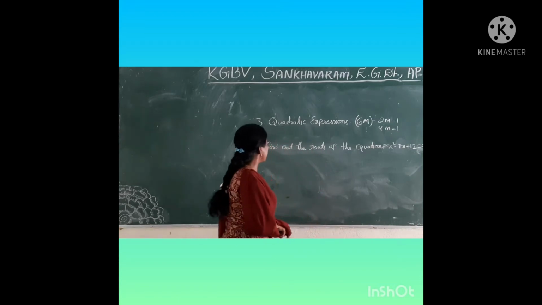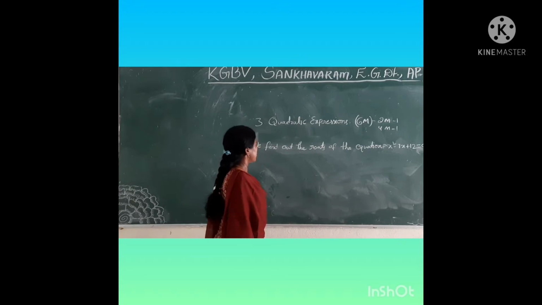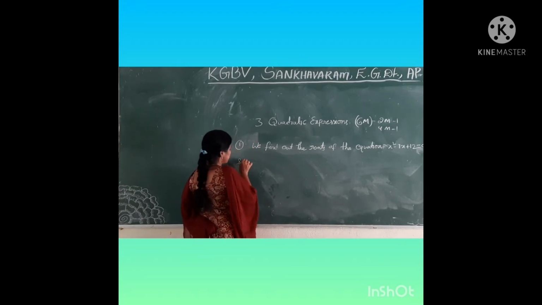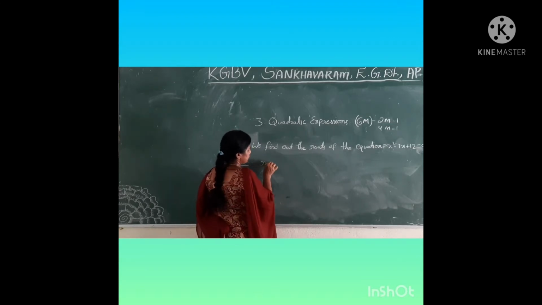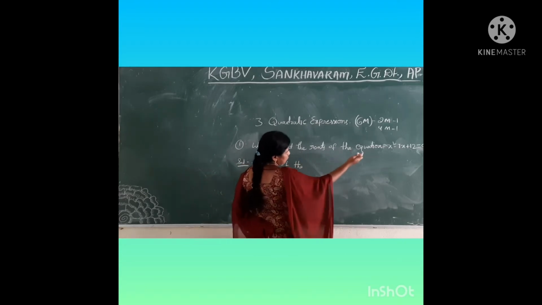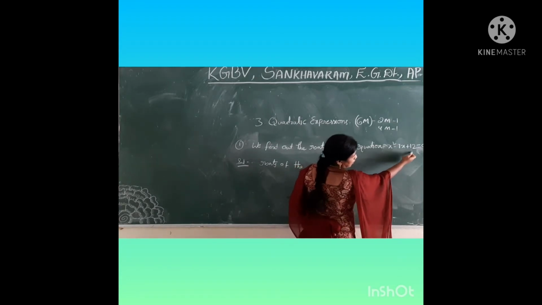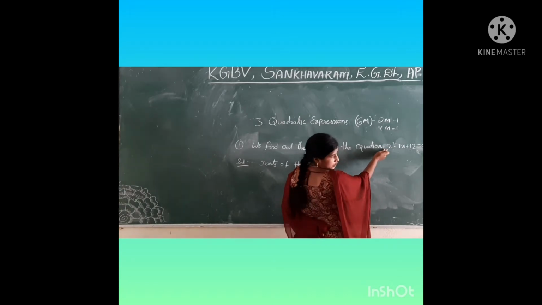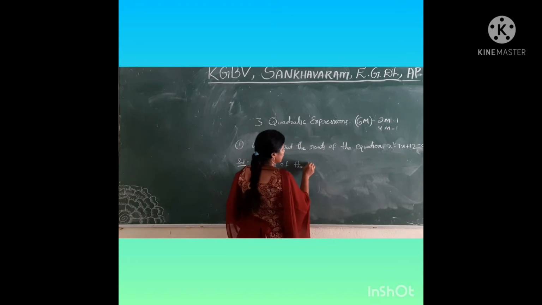First check whether this is a quadratic equation or not. It has the x square term, x term and constant, and the coefficient is not equal to 0. That's why this is a quadratic equation. Now find out the roots.